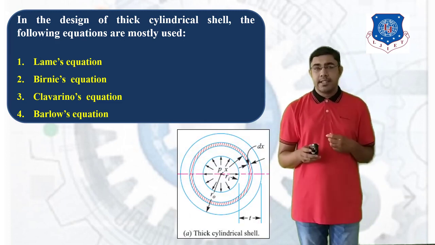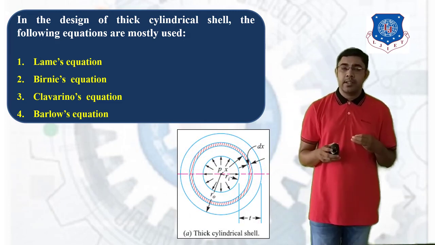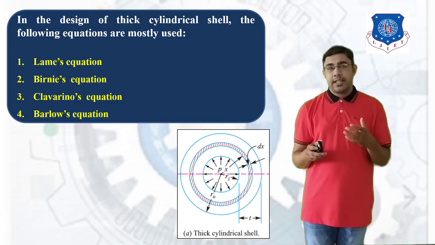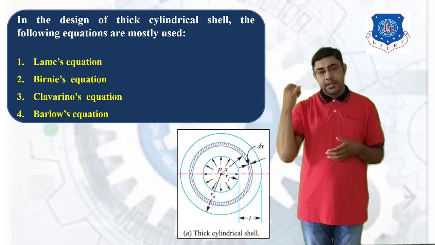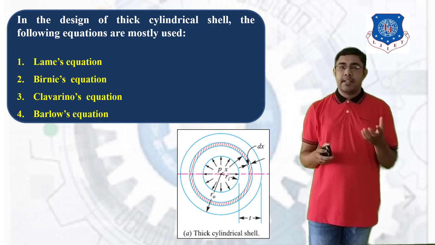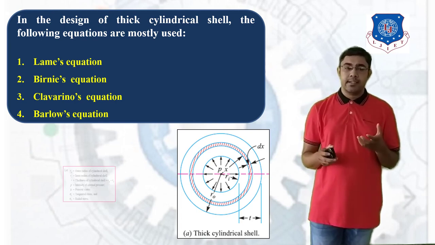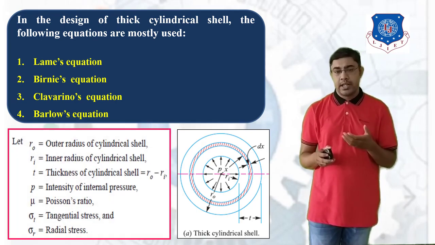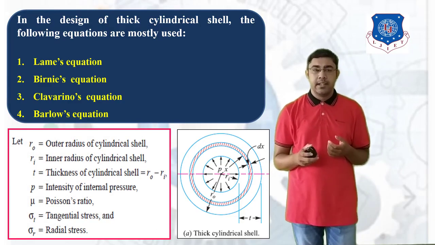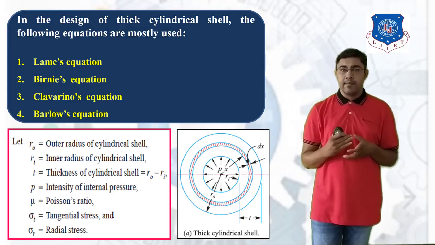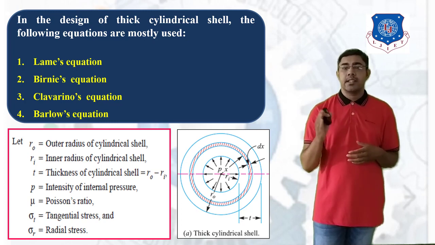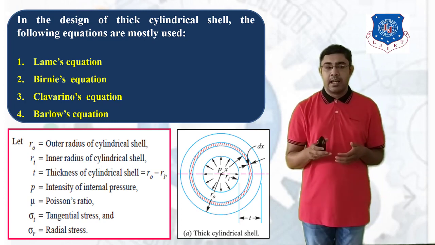Now consider the thick cylindrical cell as shown in the figure. Ri is the inner radius of the cylindrical cell, Ro is the outer radius, and T is the thickness of the cylindrical cell, which is nothing but Ro minus Ri.